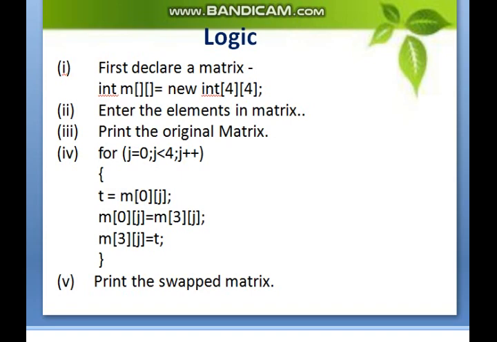In this way we swap the second element. In this way we swap the third and fourth elements of the matrix. After that, we once again print the matrix after swapping.